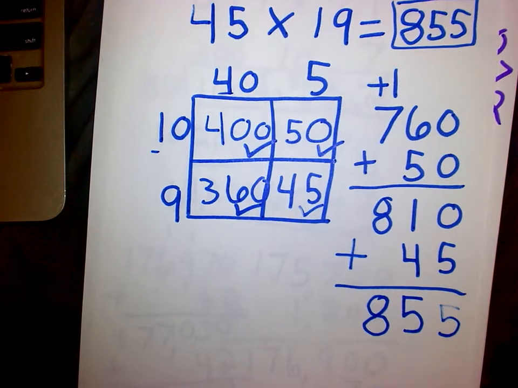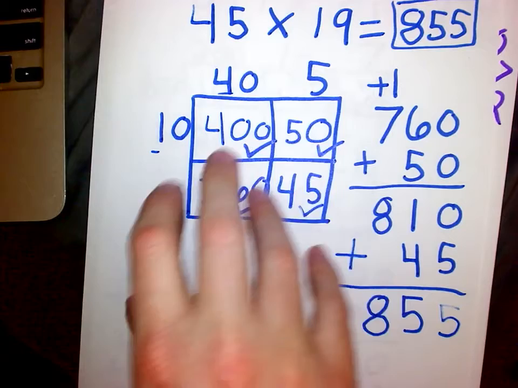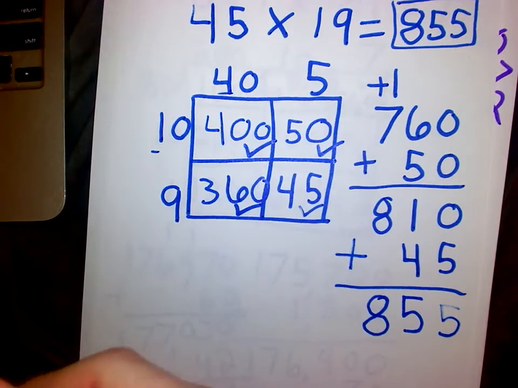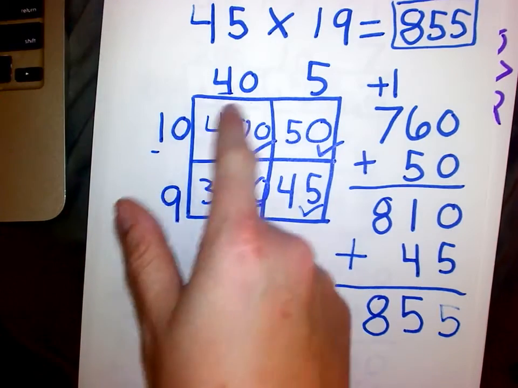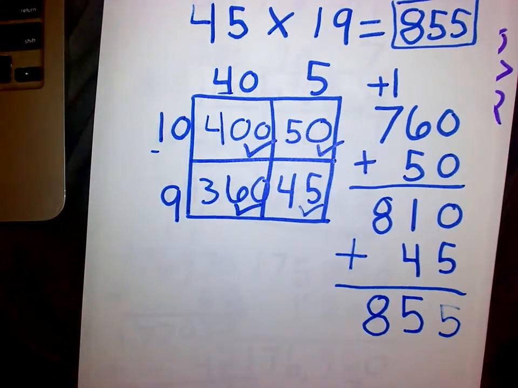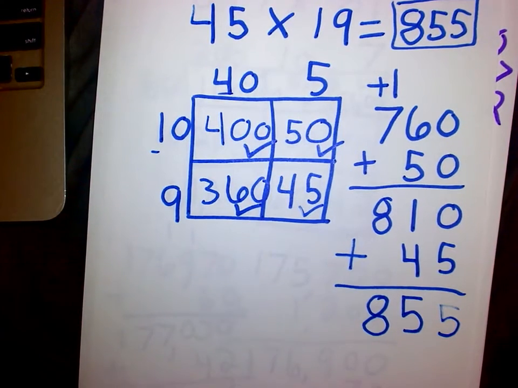But this way is just easier for them to organize and follow, and it also helps really build their number sense because they're working with the values of these digits rather than just it all seeming a little more random to them.